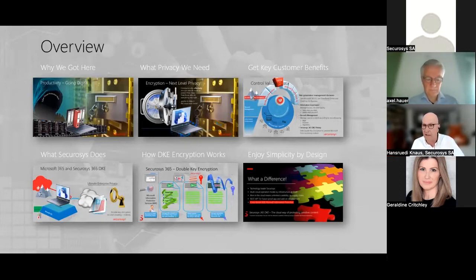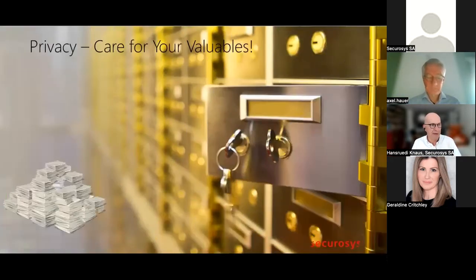What is Securosys doing? So what's our service? What's our value proposition? Then how double key encryption works, so the mechanics behind the product. And in the end, we will say a few words about simplicity of design, which is always very important to us. So let the show begin.